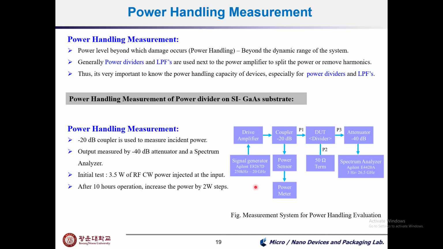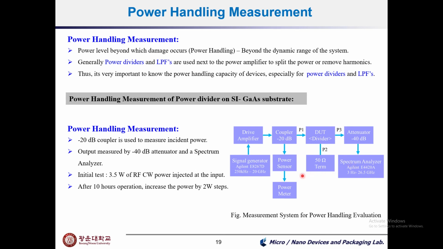Here is the device under test, and at the input of this device under test, a minus 20 dB coupler is used, which measures the incident power from the amplifier, and at the output, a minus 40 dB attenuator and a spectrum analyzer are used to measure the output power.